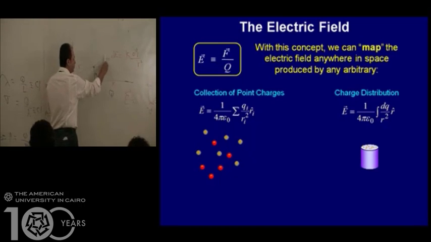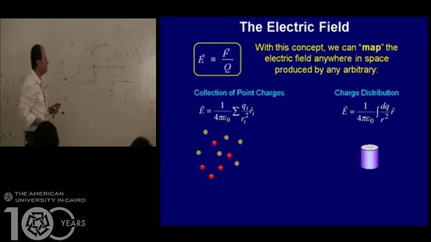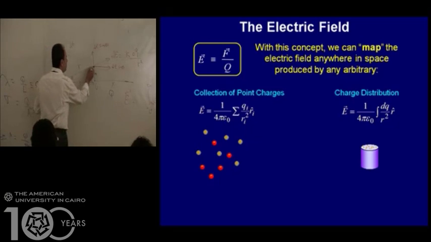That dE, the red one, will have a component in here that's dE cosine theta, and another component in here that's dE sine theta. Perfect. How about the blue one? Can we decompose it into two components? That component is going to be dE cosine theta, and that component is going to be dE sine theta.